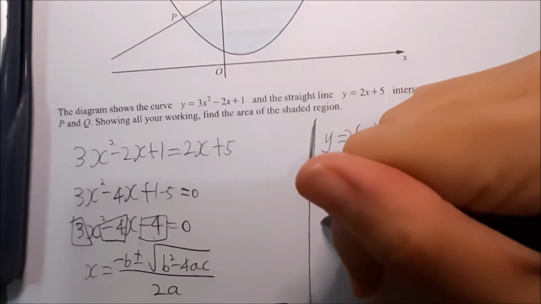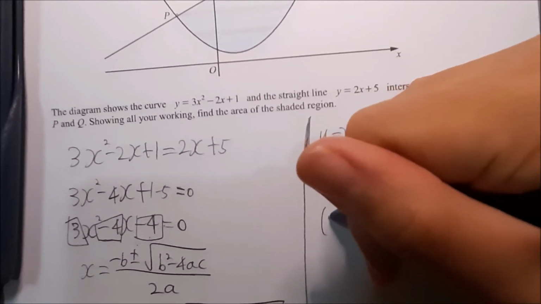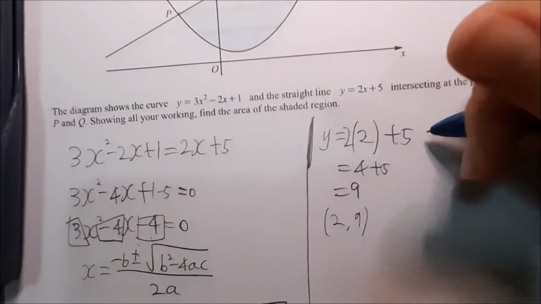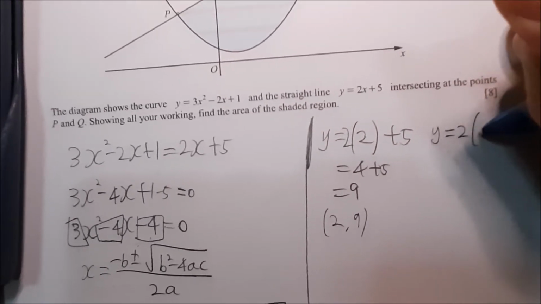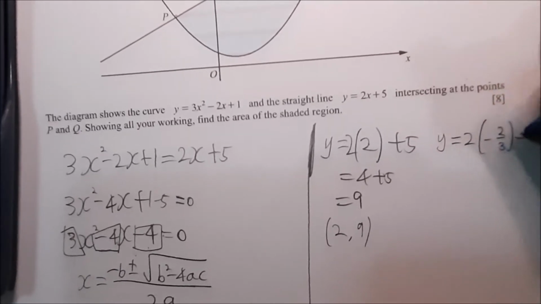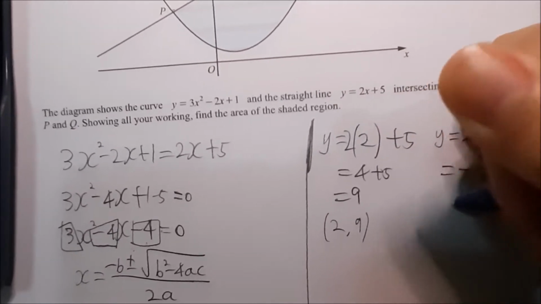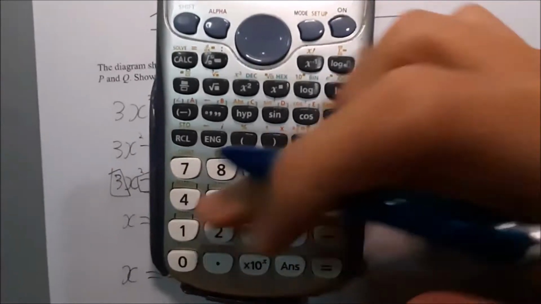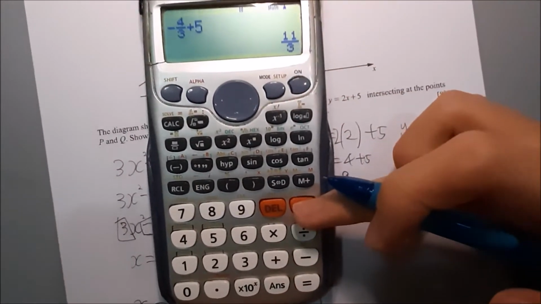So your first coordinate is 2, 9. Your second coordinate is y equals 2 times minus 2 over 3 plus 5, which is minus 4 over 3 plus 5, which is 11 over 3.